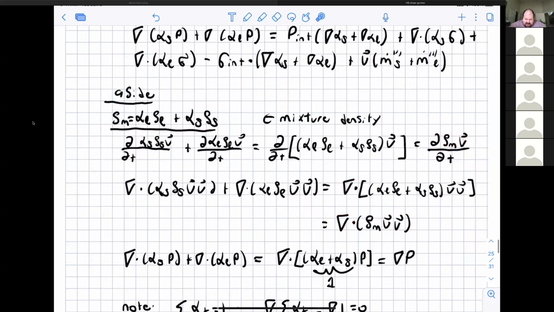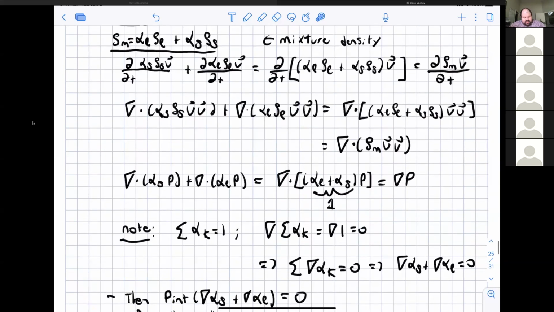So now we've got these pressure gradient terms, not divergence. Again, we can combine them. This is a gradient, so we have the gradient of pressure times, and we can factor out this common pressure between them.